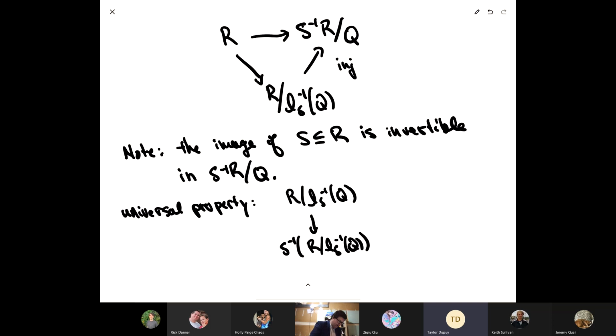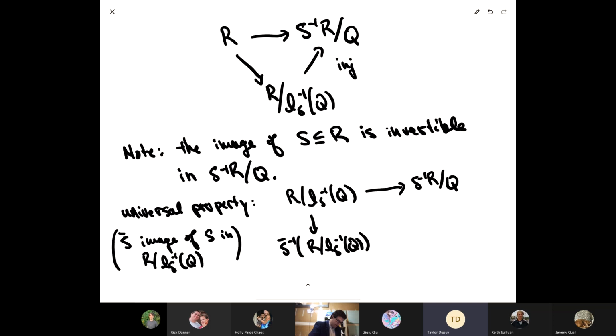Or you can take S bar, where S bar is the image of S in R mod L of S inverse of Q. So we have this factorization like this. You could put an S or an S bar, they're both valid. And this goes into S inverse of R mod Q like this.